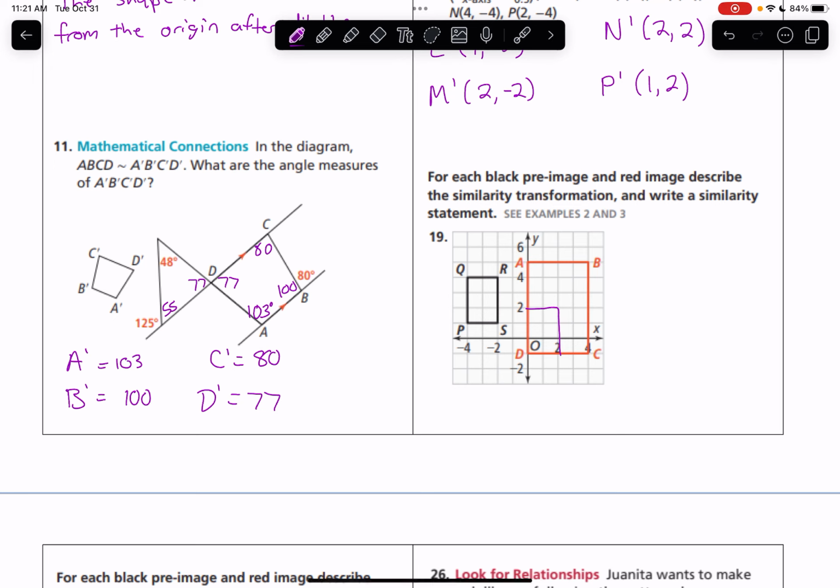That would be a translation over 4 and down 2, so negative 2. And after that translation, I would combine that with a dilation, and that dilation would make it twice as big.